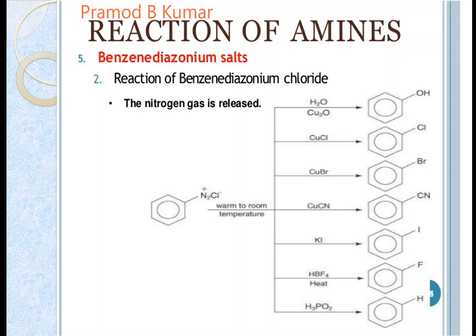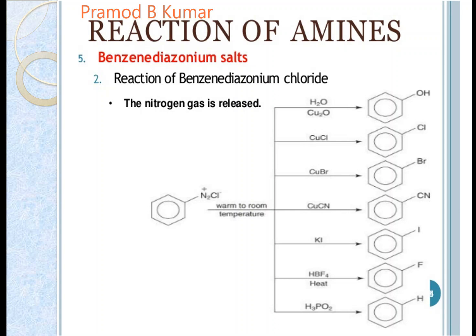Cuprous bromide gives bromobenzene. Cuprous cyanide gives the cyanide. With KI, you get the iodo compound. If you heat it with fluoroboric acid, you get the fluorine compound. And if you treat with orthophosphoric acid, you get benzene. So these are the various uses of diazonium salts.